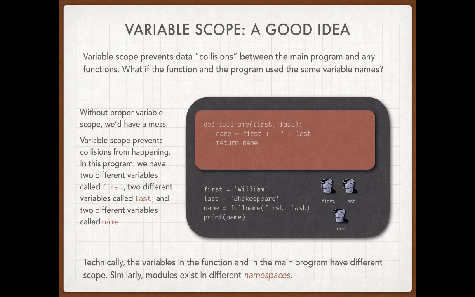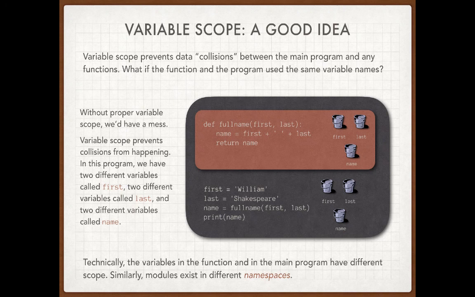The two parameters that I'm receiving are first and last, and inside the function, I have a variable called name. So what Python does is it says, well, okay, when I'm executing that function, I am going to create new variables, first and last and name, that are scoped to that function. And you'll notice now that I actually have two variables called first, two called last, and two called name.